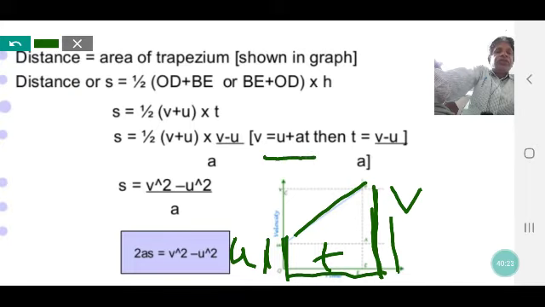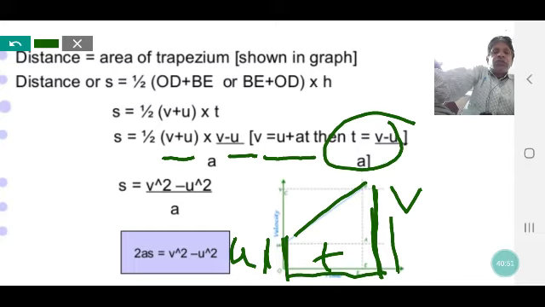Then t is equal to v minus u by a. If you put the value of t here, we get s is equal to half into v plus u into v minus u by a. Using the identity, v plus u into v minus u is equal to v square minus u square.